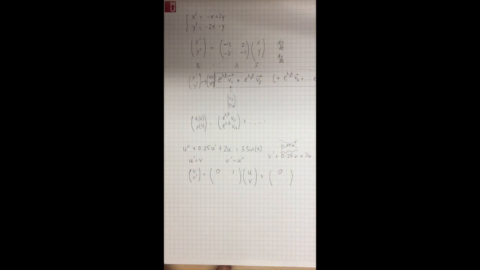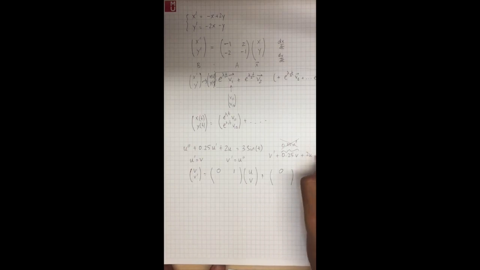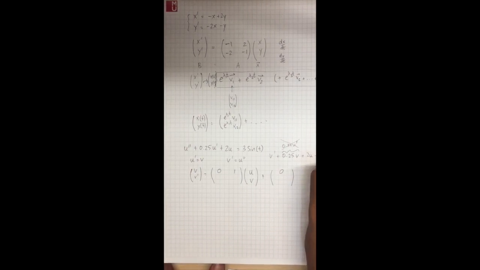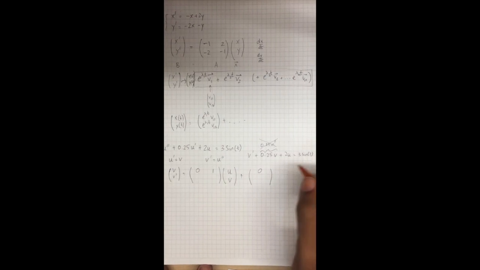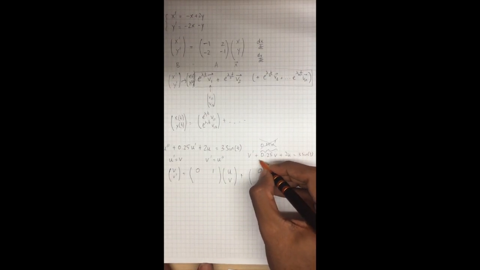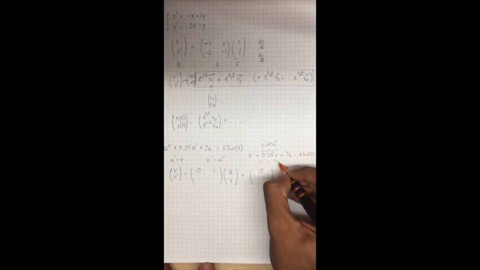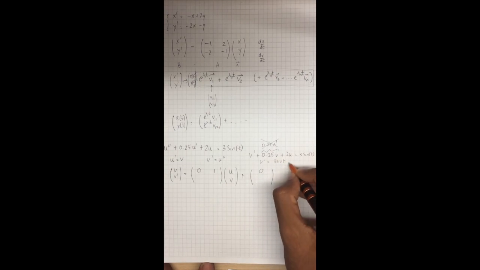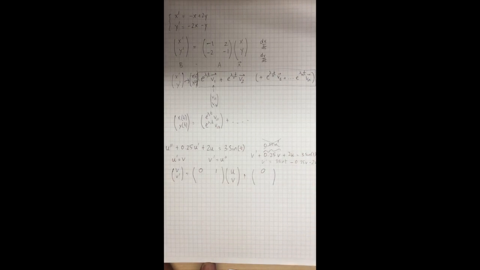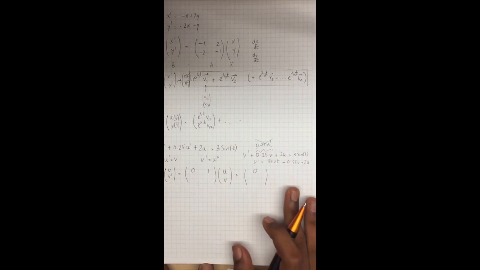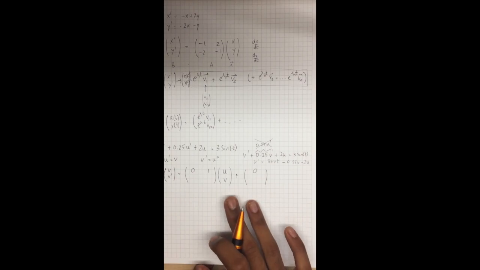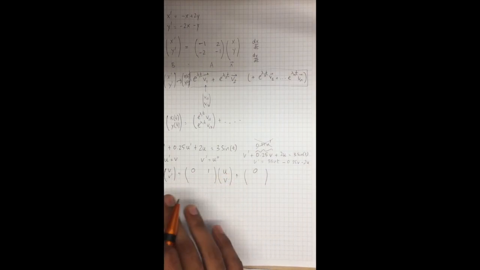But when I have v prime, this is equal to 3 sine t. So v prime would be 3 sine t minus 0.25v minus 2u. Now this is what I have to set up. So how many times is u there in the equation?